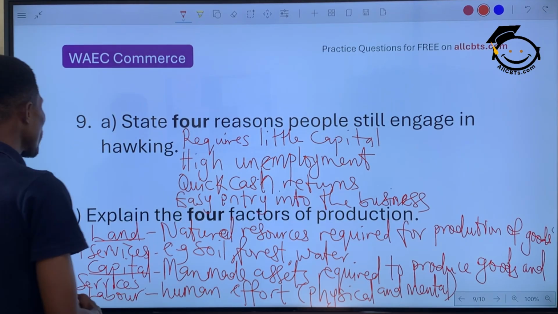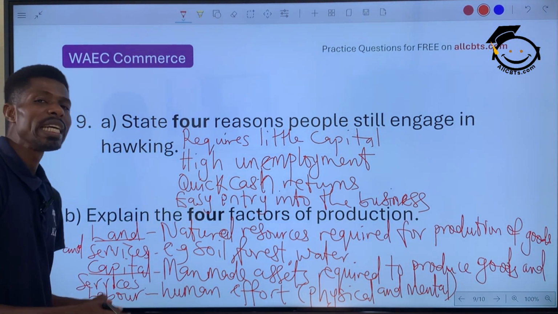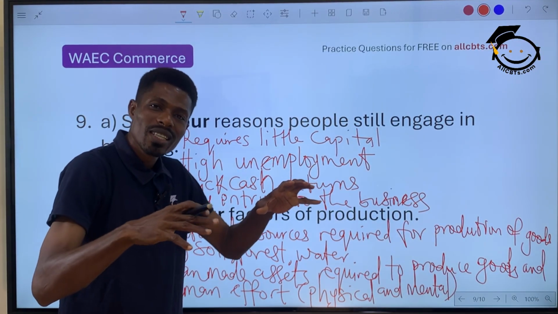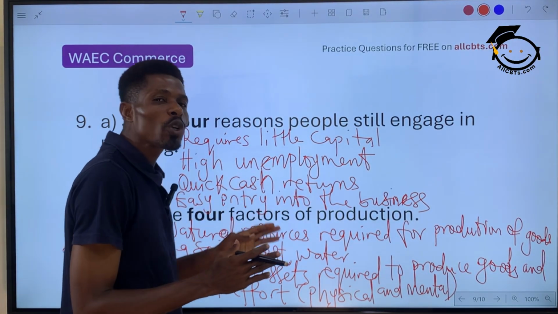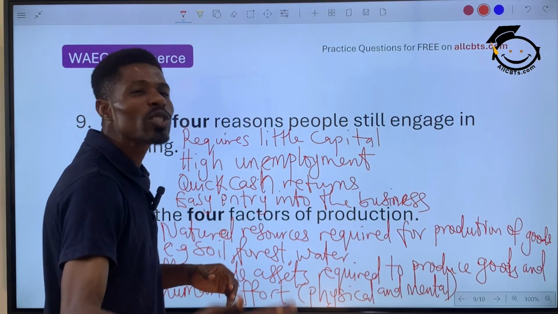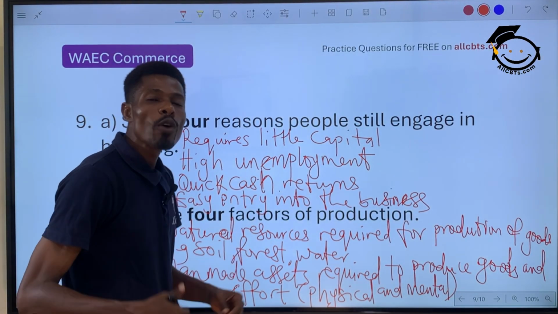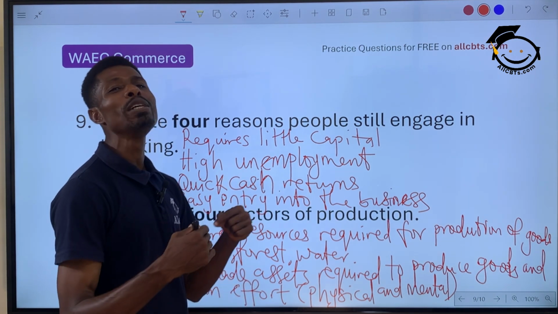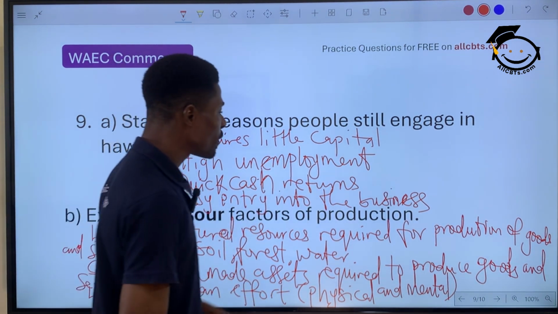And the last one is entrepreneur. Who is an entrepreneur? A person that gathers all other factors of production and engages them for profit making. He is also the one that bears the financial risk.